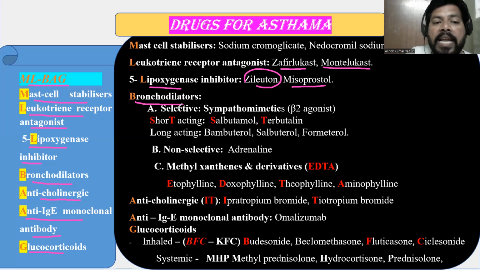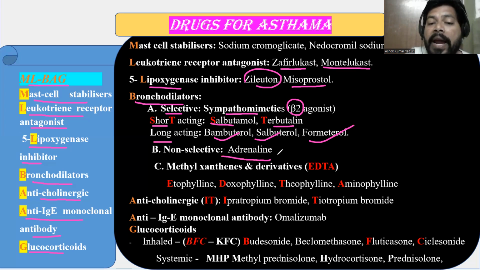The selective drugs are sympathomimetics, which agonize the beta-2 receptors present on the bronchial smooth muscle and cause dilation or relaxation, maintaining proper respiration in the asthma patient. Short-acting drugs, in short SABA, are salbutamol and terbutaline. Long-acting drugs are bambuterol, salmeterol, as well as formoterol. And the non-selective category drug is adrenaline.